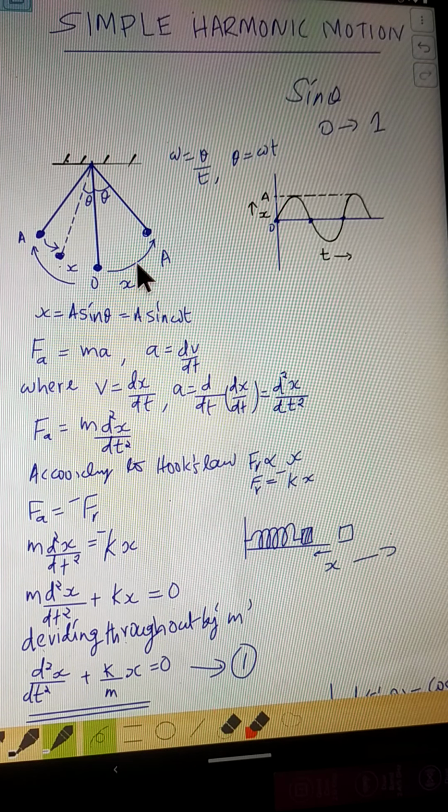If it starts from here, goes to the other extremity and comes back to the equilibrium point, it is not able to come to rest there, because in its return journey it has acquired momentum with which it overshoots the equilibrium position. Amplitude is made in the opposite direction, and for the third time it comes back to the equilibrium position.